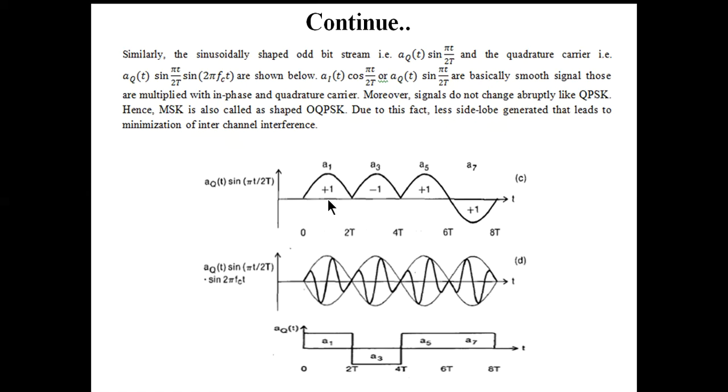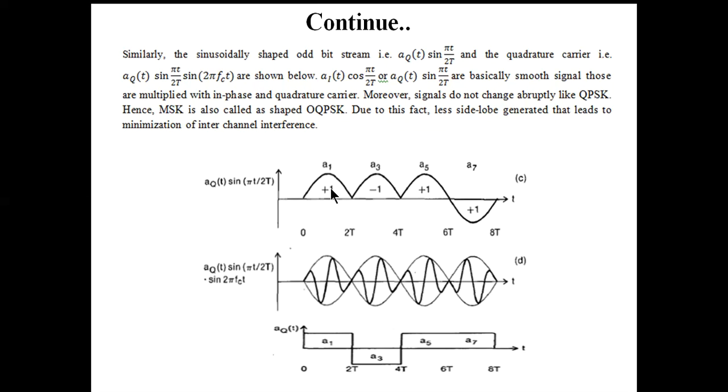Now similarly, the sinusoidal shaped odd bit stream, that is AQT into sin pi t by 2T, and the quadrature carrier, AQT into sin pi t by 2T into sin 2 pi fct, are shown below using the same formula. Here you can see from 0 to 2T, sine is positive and the bit is positive, so obviously you get a positive pulse.